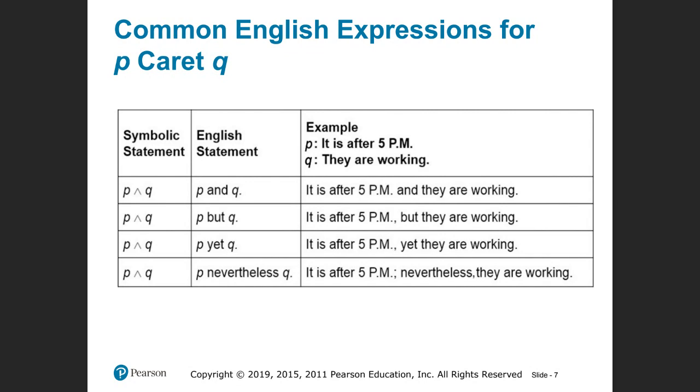You can also use the word but rather than and. It is after 5 p.m., but they are working. P yet Q. It is after 5 p.m., yet they are working. P nevertheless Q. It is after 5 p.m., nevertheless they are working. But the symbolic statement is the same in each case. These are just different ways of stating the same thing in English.